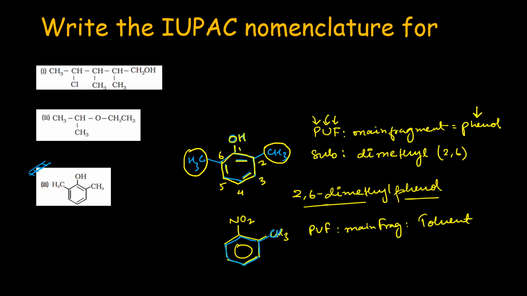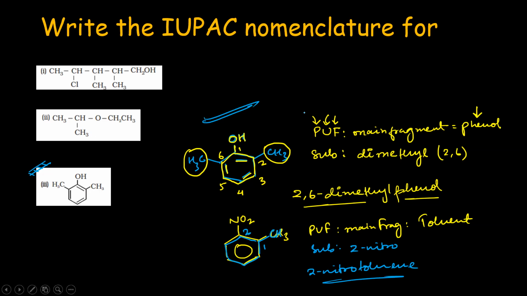This fragment here. This is toluene. And then we have nitro. So this will be 1, this will be 2. So we will have 2-nitro as substituent. The name will be 2-nitrotoluene. See how easy it is. Please write this down.